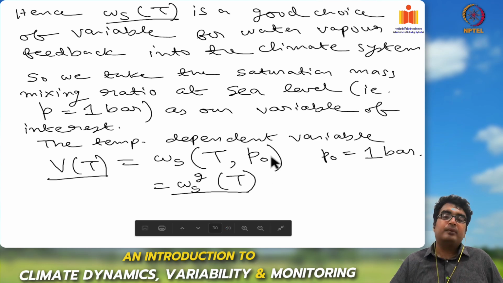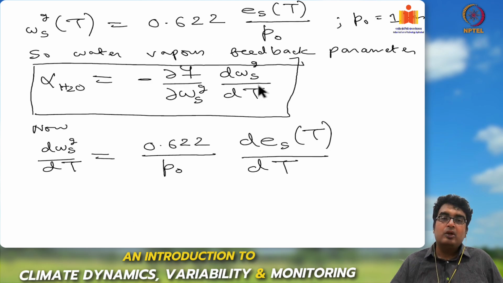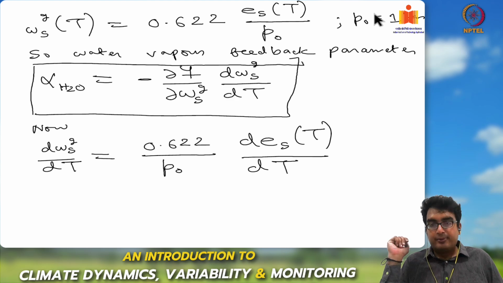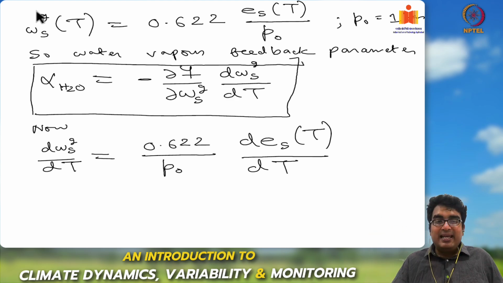Clear? So, this is called omega S G(T), which is 0.622 ES(T) by P0, where P0 is approximately 1 bar. And water vapor feedback then is del F by this variable, del F del omega S, it's again a negative value, del F del omega S into d omega S at the ground dt. This is our alpha H2, the water vapor feedback.